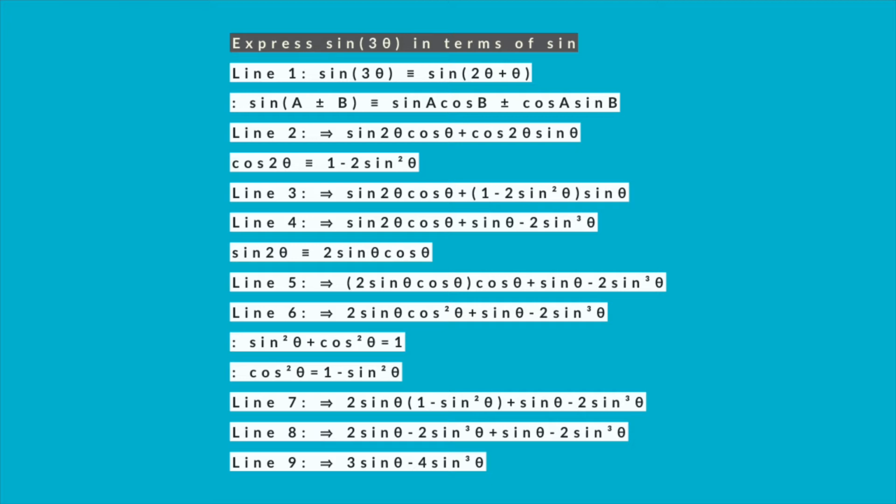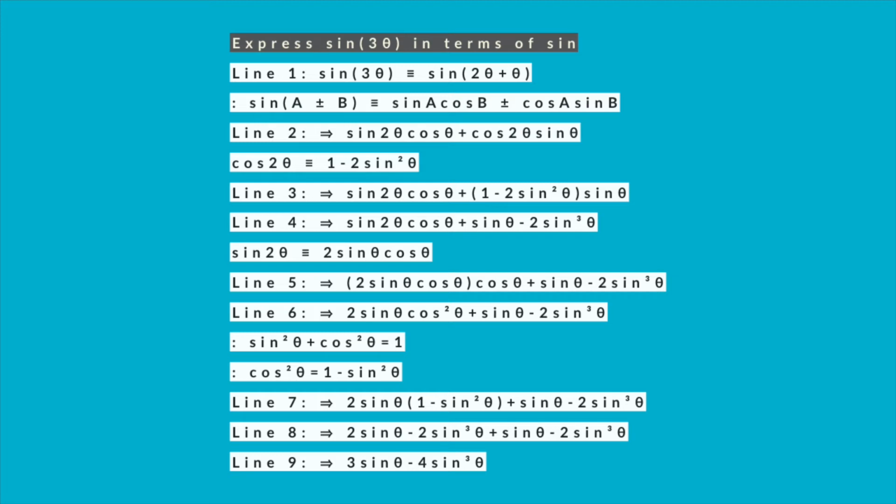Now we turn to the fourth identity, which you should be familiar with from the first year or AS year of your A-level mathematics course. We should know that sine squared theta plus cos squared theta is equal to 1. We're going to rearrange that identity to make cos squared theta the subject. Then in line 7, we sub that into the equation.